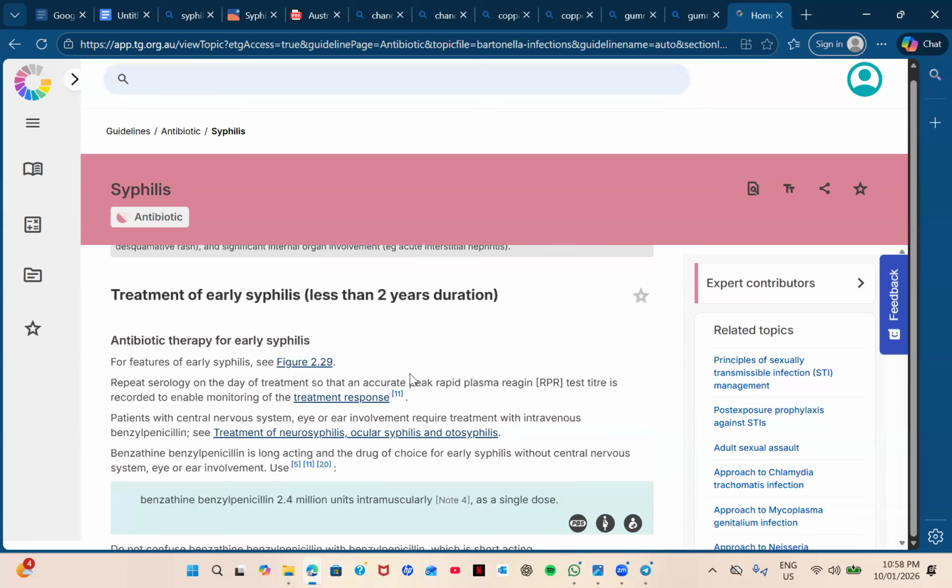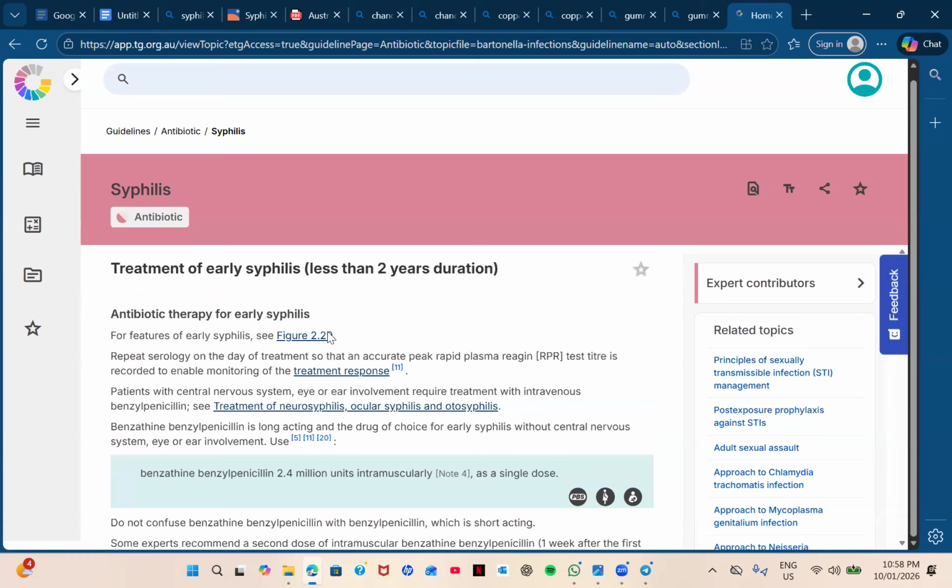If you have last year's version, in my notes I have added the previous one. When I was studying syphilis, I used the therapeutic guideline as well.